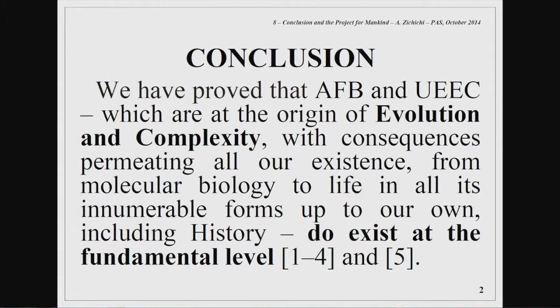We have proved that Anderson, Feynman, Beethoven, and unpredicted events with enormous consequences, so AFB and UEEC, which are at the origin of evolution and complexity, with consequences permeating all our existence, from molecular biology to life, in all its innumerable forms up to our own, including history, do exist at the fundamental level. This has been proved.